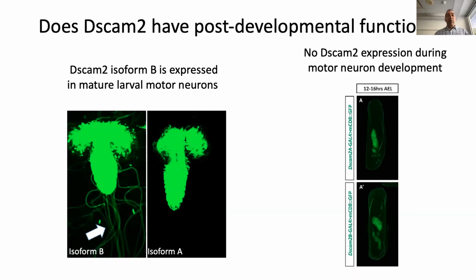But then surprisingly, when he stimulated the nerve and recorded the muscle's response to that stimulation, he found that there was an increase in the amplitude of the response. And this evoked potential is typically what people refer to as synaptic strength.